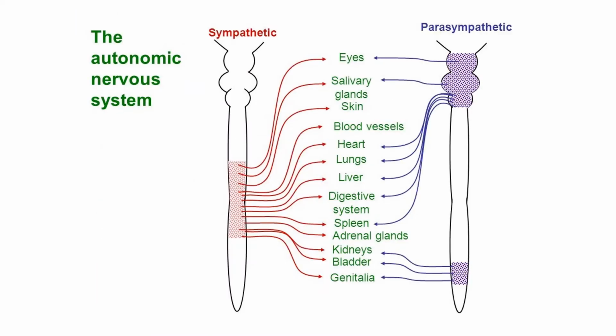One of the facts of the sympathetic system that differs from the parasympathetic is that the sympathetic outflow goes to blood vessels and the adrenal glands, while the parasympathetic don't reach these organs.